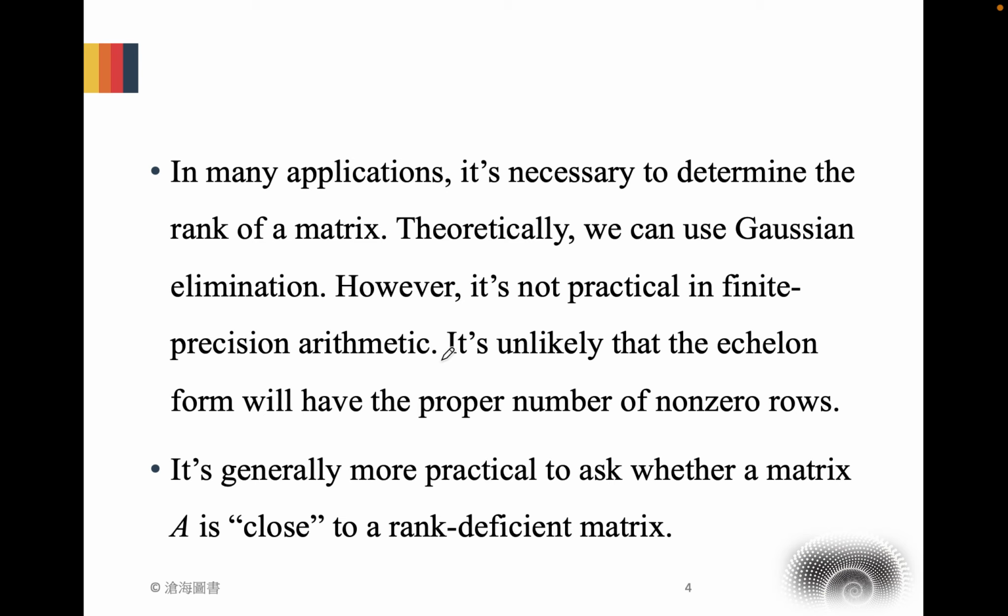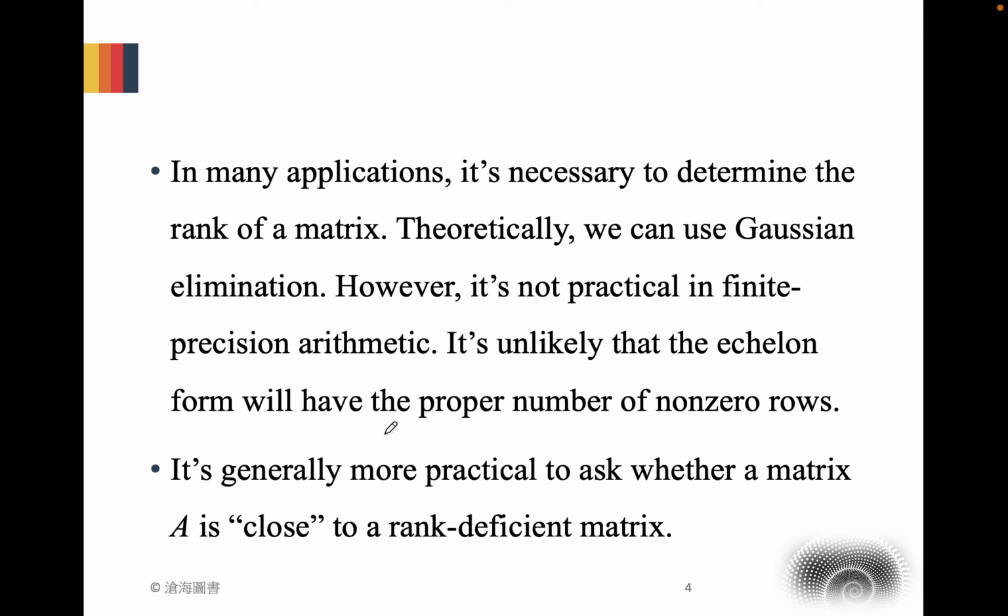Okay, so in that case, it's unlikely that the echelon form will have the proper number of non-zero rows. Because you may find you never get 0 rows, even if you calculate many times.